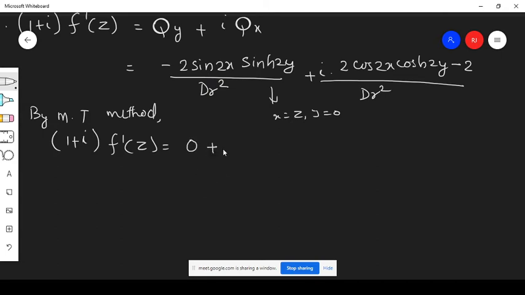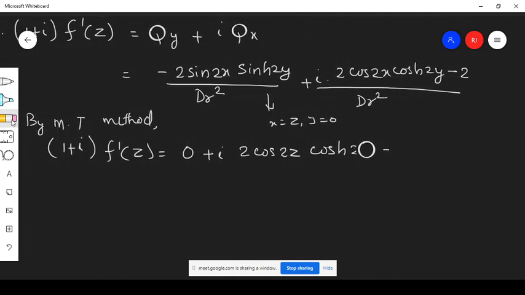Plus i into numerator here, 2 cos 2z cosh 2 into 0 minus 2, divided by the denominator.